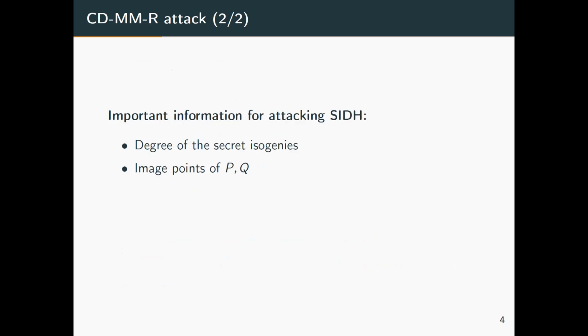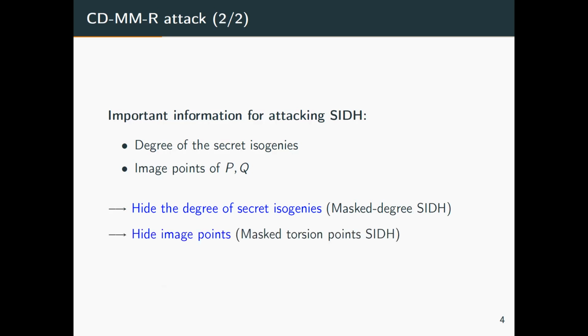The first one is the degree of the secret isogenies, and the next one is the image points of the torsion. So we first present the Masked-degree SIDH, which hides the degree of secret isogenies. The second one is Masked torsion point SIDH, which hides the image point information.